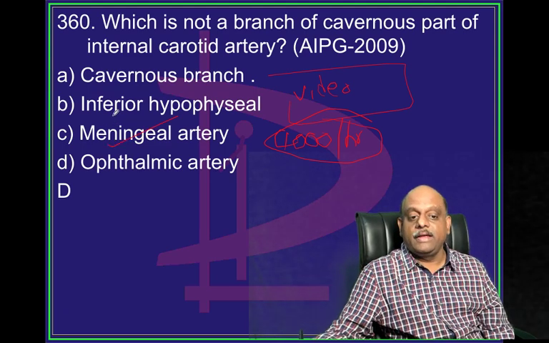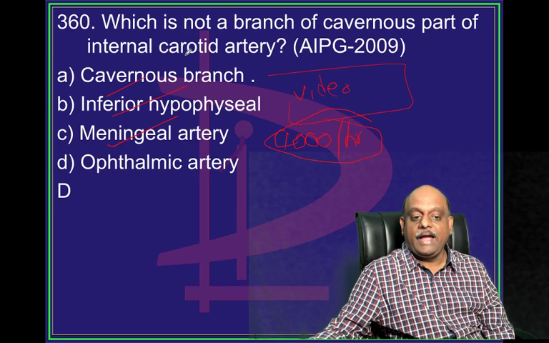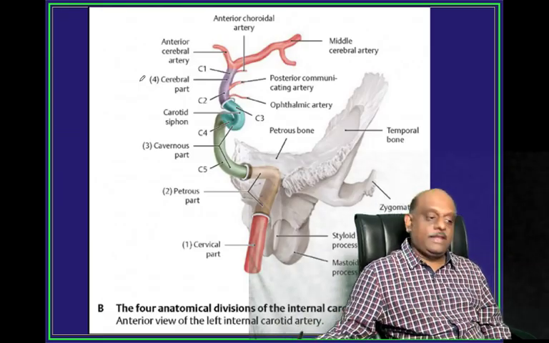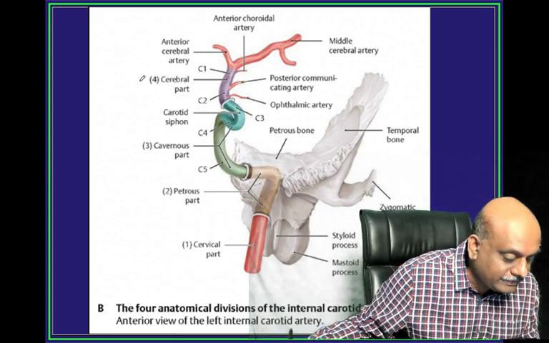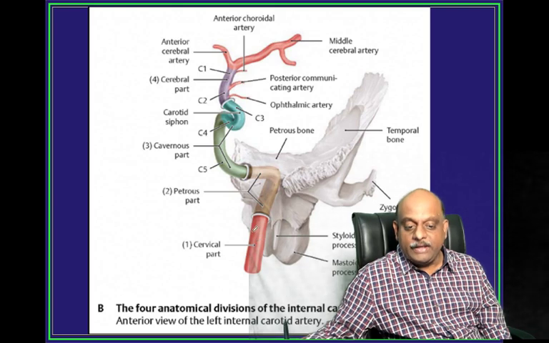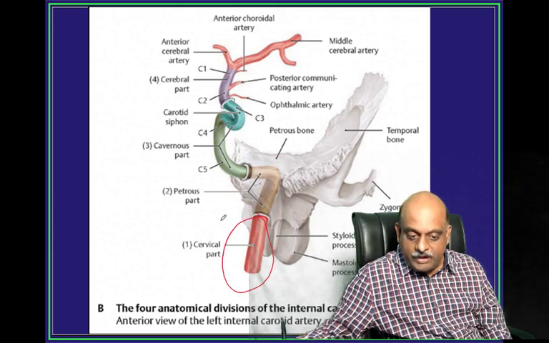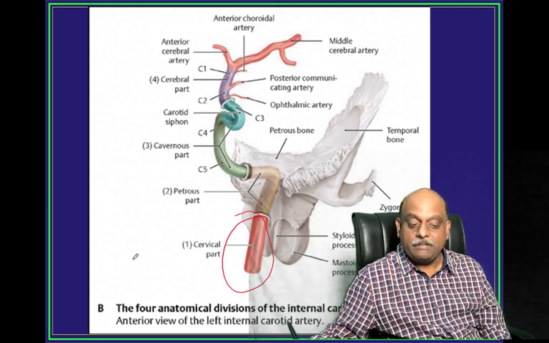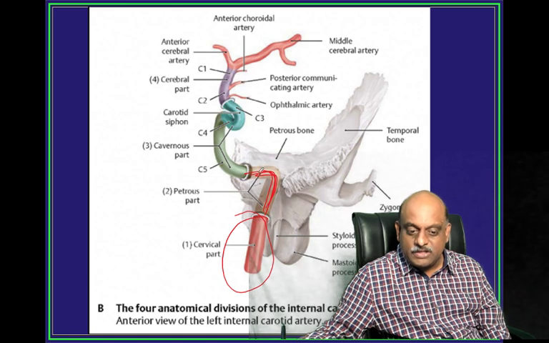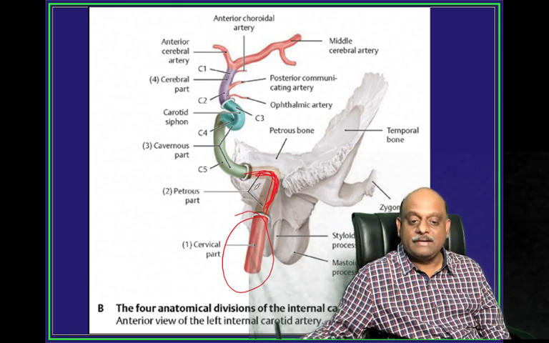Meningeal artery, inferior hypophyseal artery, and cavernous branch. So, doctor, the important thing is, see, this is the cervical part of the carotid artery, and this is called the petrous part, which is passing closer to the petrous bone.